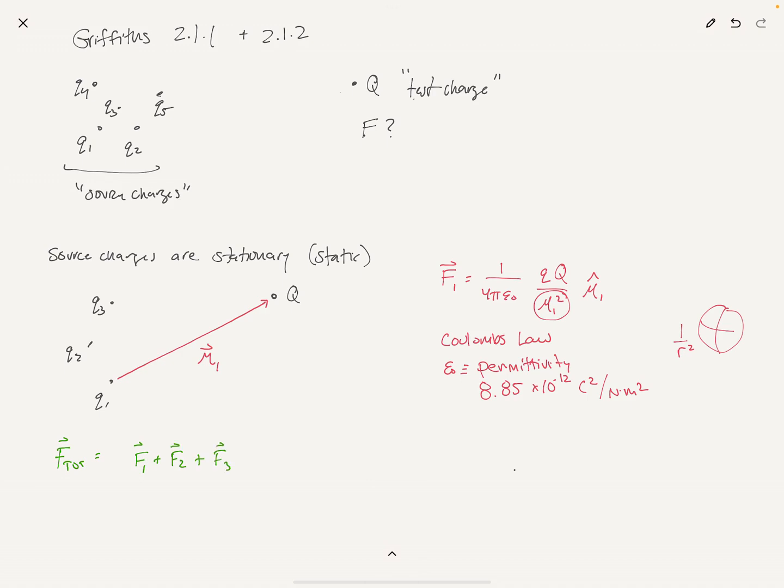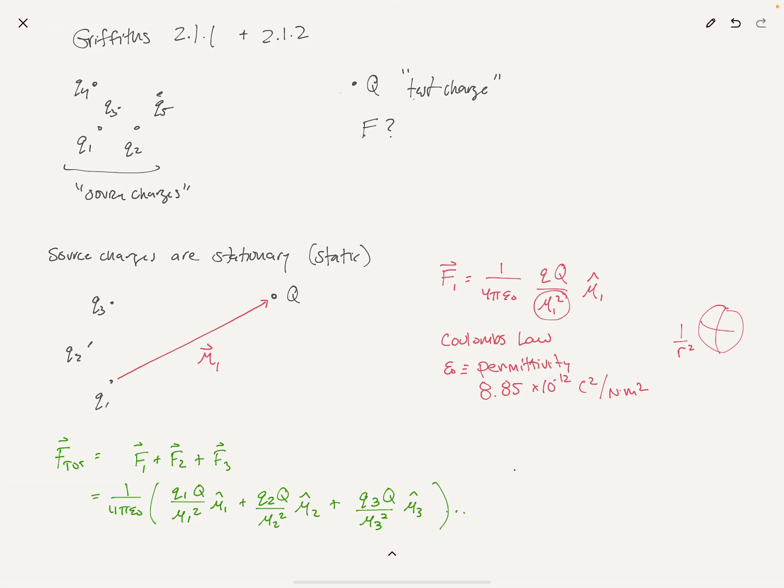All right, I have three of them because I have three source charges, which is just 1 over 4 pi epsilon naught, Q1 times Q over R1 squared in the R1 hat direction, plus Q2 capital Q over R2 squared in the R2 hat direction, plus, you guessed it, Q3 capital Q over script R3 squared in the script R3 hat direction. All right, and if there were more charges, we'd have more, right? But we only have three in this example.